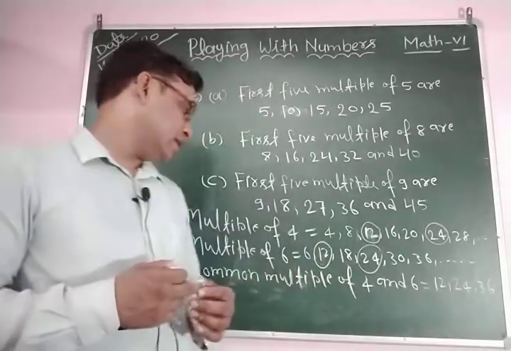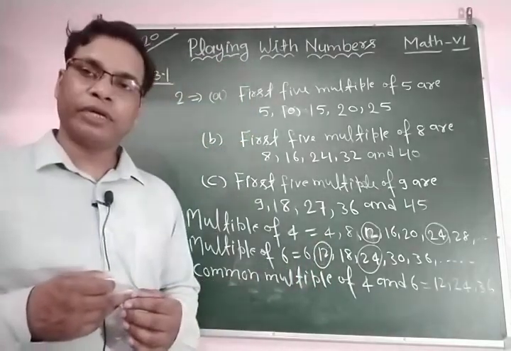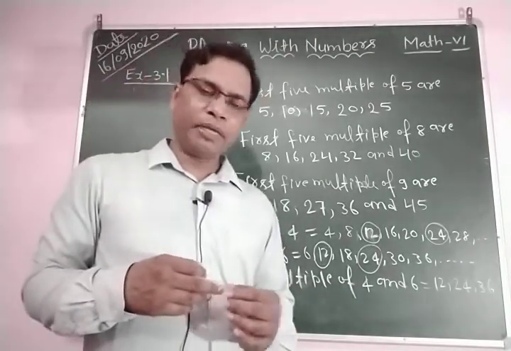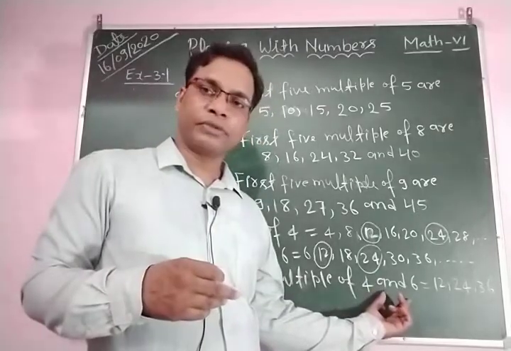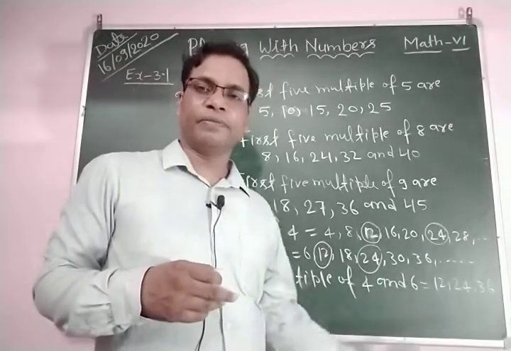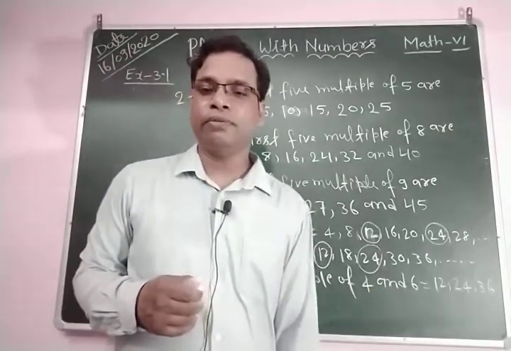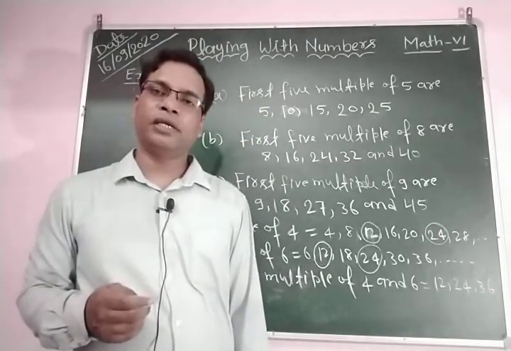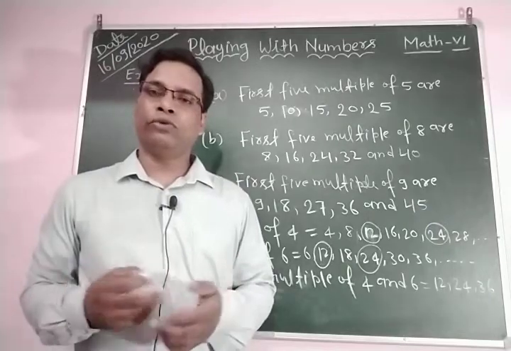You can find the common multiples of 4 and 6. It means that these are multiples of their LCM. Okay students, I hope all of you understood how to find common multiples and common factors of the given two or more numbers.